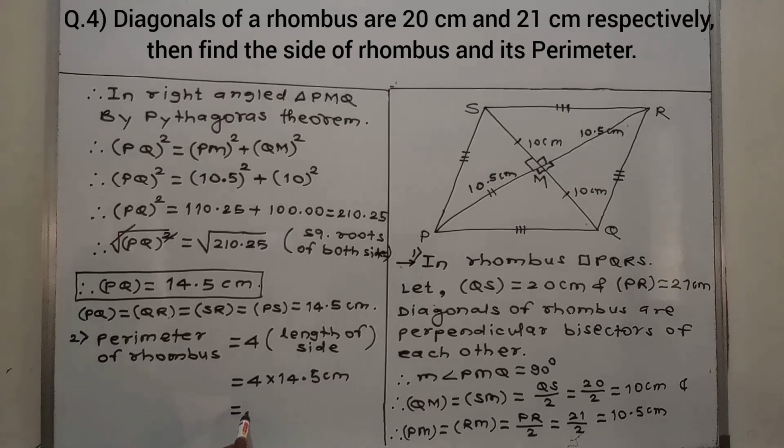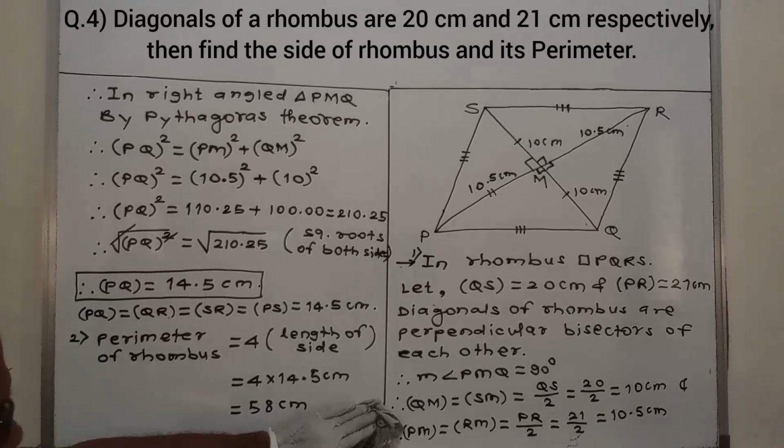Therefore 58 centimeter. See here, 5 into 4, 20, means here 0 and carry 2. 4 into 4, 16 and 2, 18, carry 1. 4 1 the 4 and 1, 5. Did you get it?